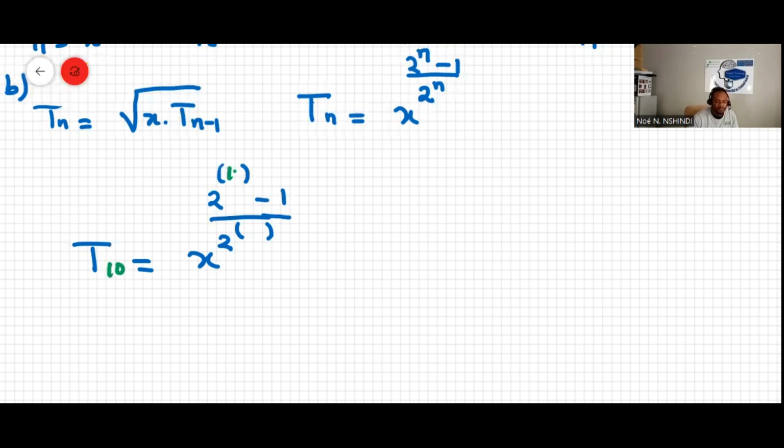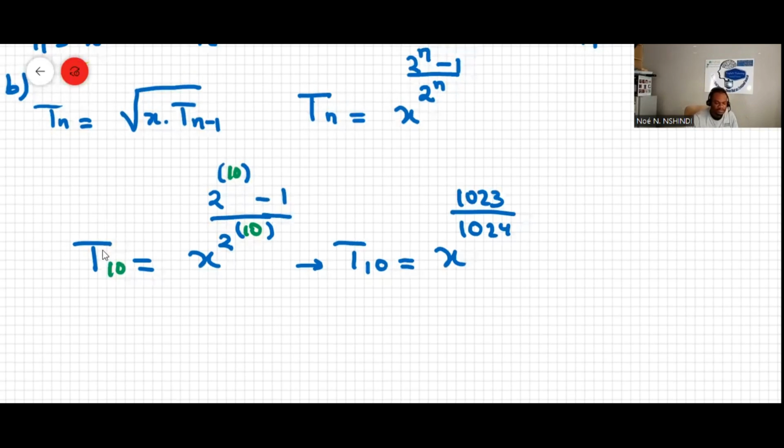So it's 2 to the power of 10 here and 2 to the power of 10 there. So T10 will be x to the power of the numerator over the denominator: 2 to the power of 10 is 1024, over 1024 minus 1, 1023. That's going to be T10.